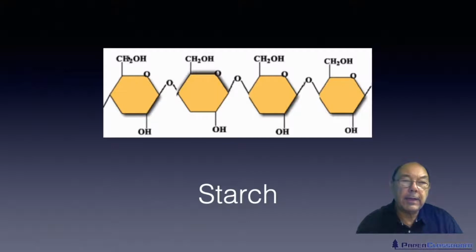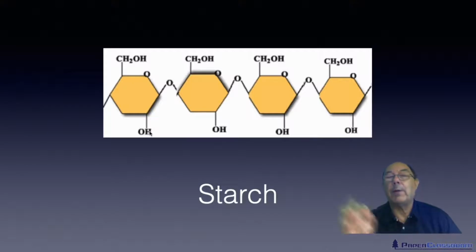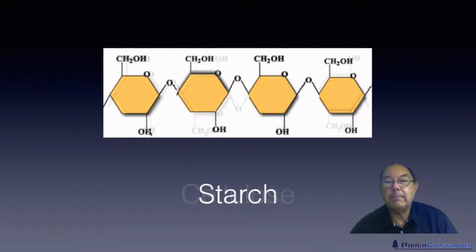On this first corner here, we've got that group, same group there, same group there, same group there. On this corner, we've got the oxygen. On this corner, we've got the OH group. I'm sure there are other OH groups, I've just removed the clutter so you can see what's going on. That's what a starch molecule looks like. Everything is organised in the same way.